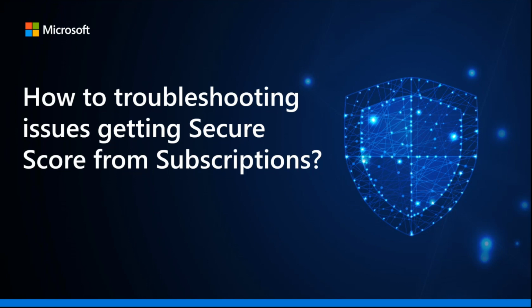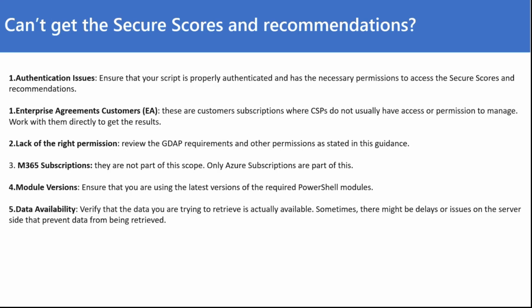Then let's move forward. How to troubleshoot issues getting security scores from subscriptions. Sometimes I have worked with partners who had some issues getting the security scores. Usually the issues are all about authentication issues.